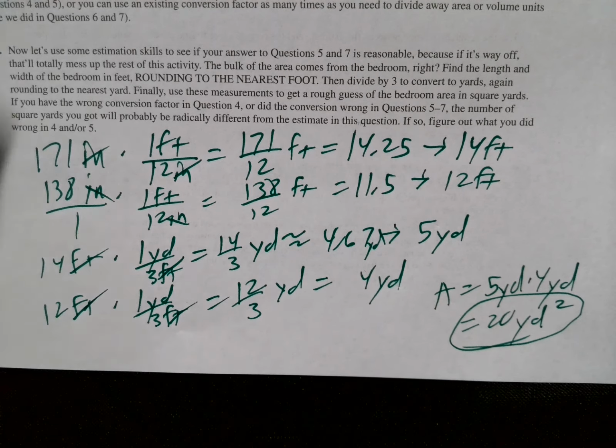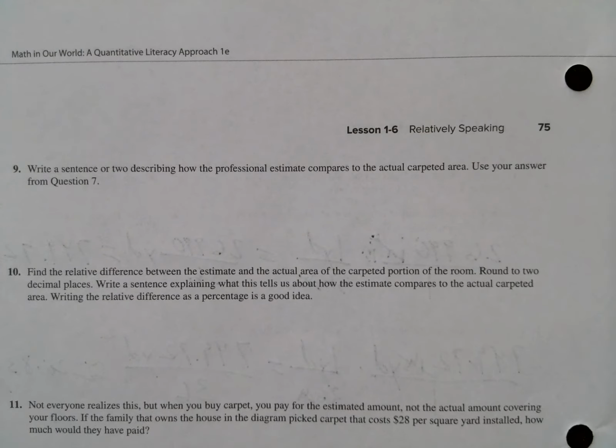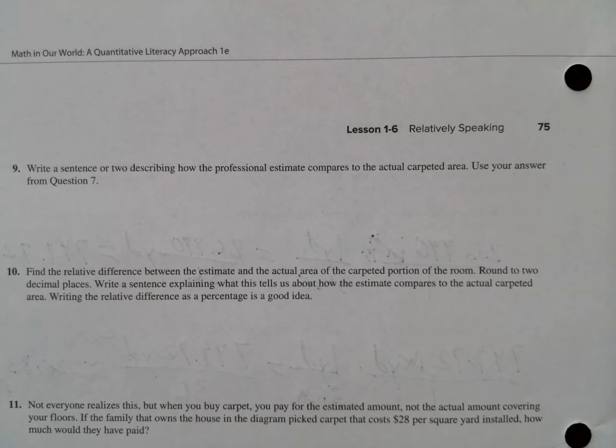Now, we go on to problem number 9. Now, with problem number 9, it says write a sentence or two describing how the professional estimate compares to the actual carpeted area. Use your answer from question 7.